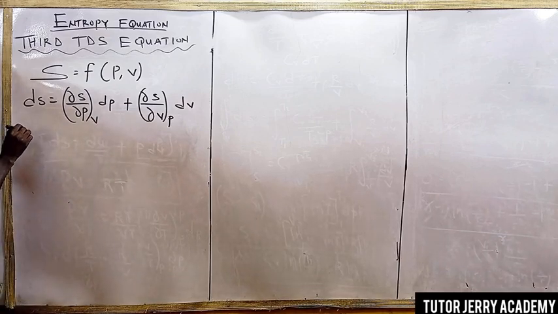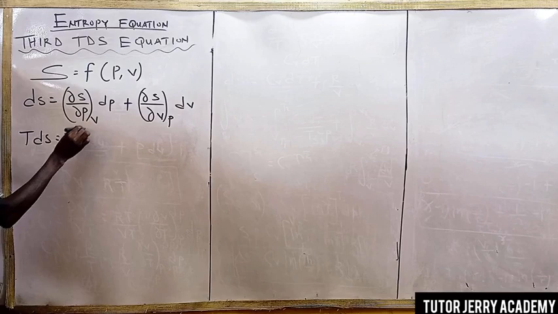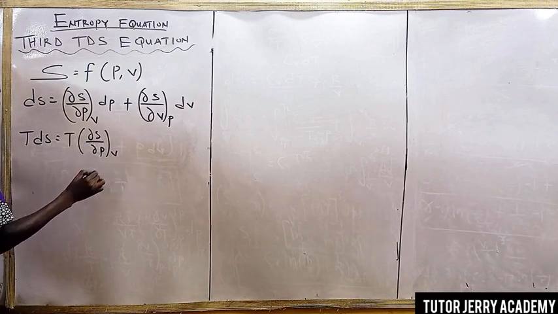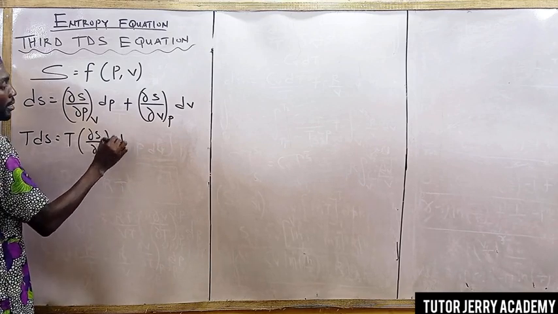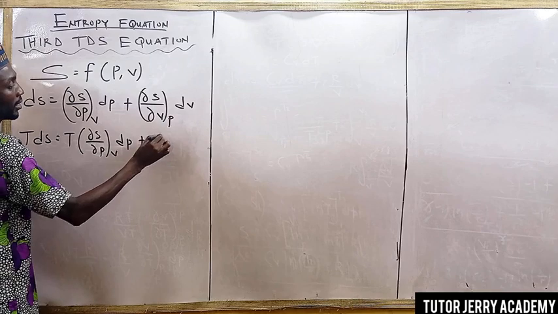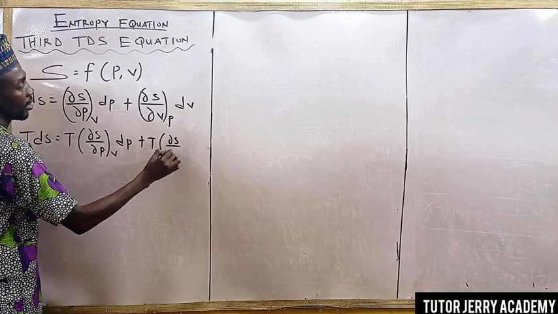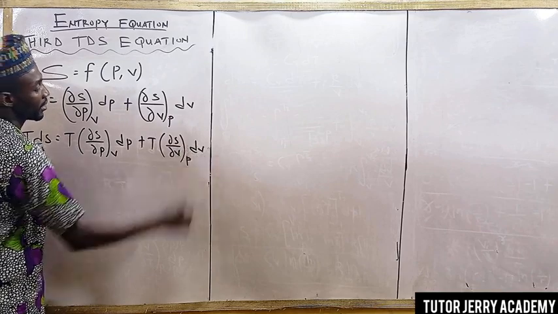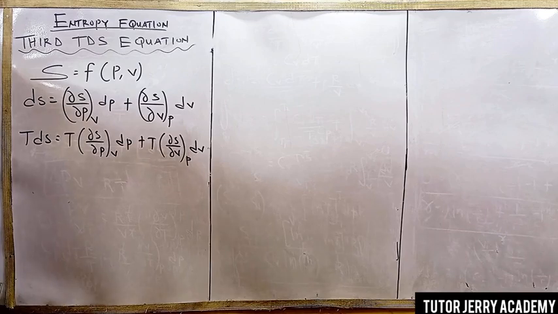By T. So we are going to have T ds equals T times the partial derivative of s over the partial derivative of p, keeping v constant, dp, plus T times the partial derivative of s over the partial derivative of v, keeping p constant, dv. Now we are going to rewrite this expression.